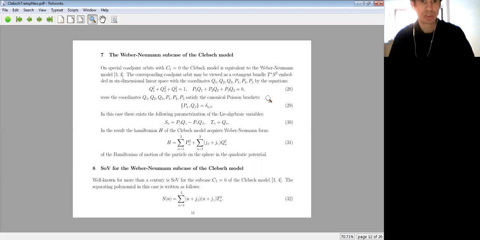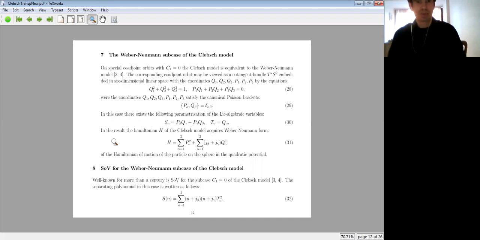Here, the coordinates q and p possess canonical Poisson brackets. Parameterizing the algebraic variables as in formula 30, the Hamiltonian H of the Clebsch model acquires the Neumann form, form 31, which describes the motion of a particle on the sphere in a quadratic potential.